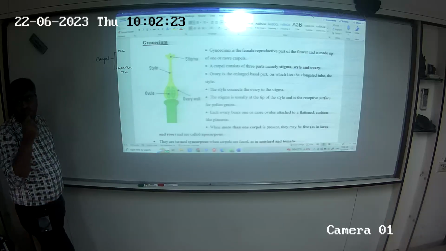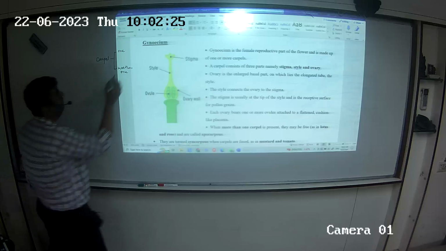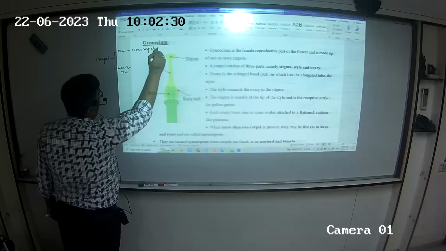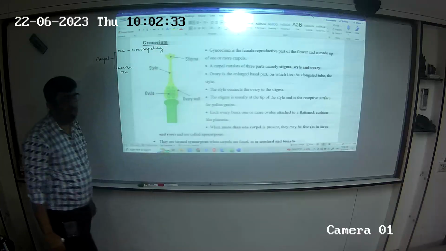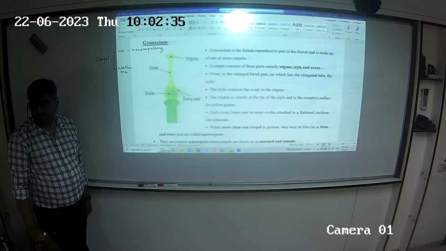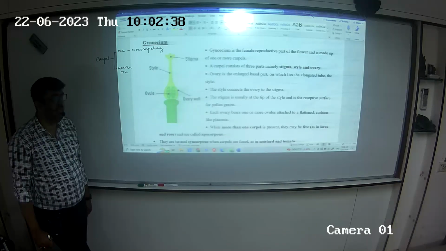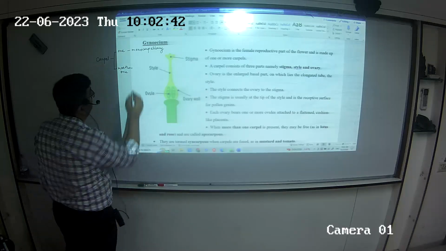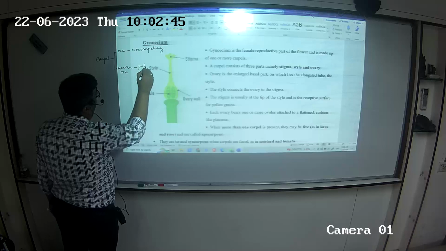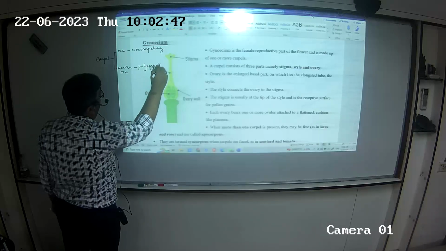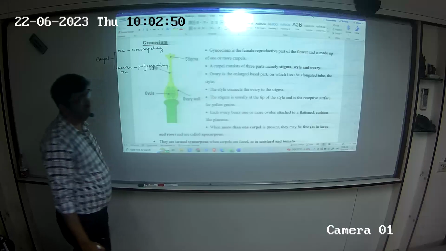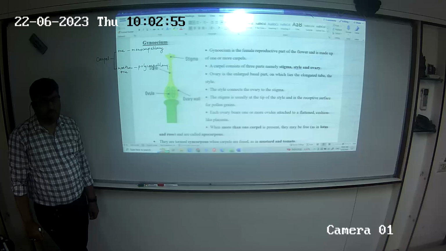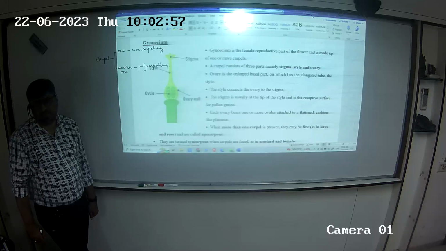If the flower has only one carpel, we call the flower a monocarpellary flower. Monocarpellary flower. Obviously, what will we call the other? Polycarpellary flower. Monocarpellary and polycarpellary.